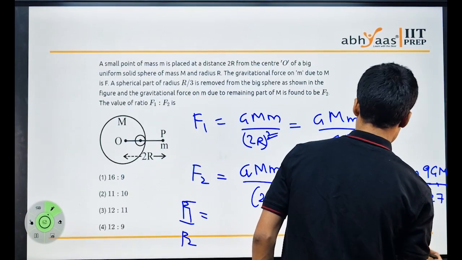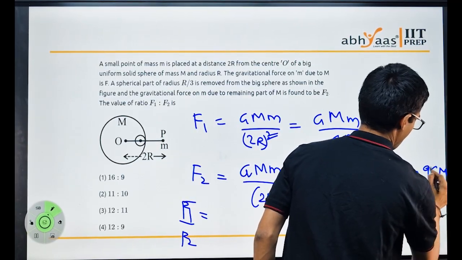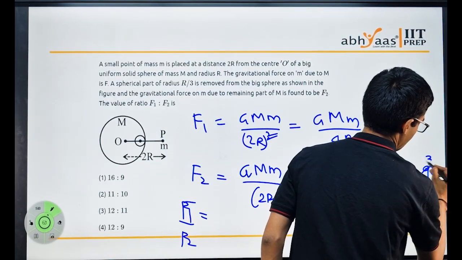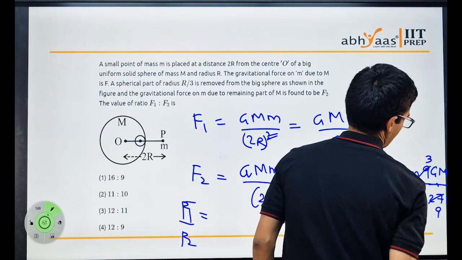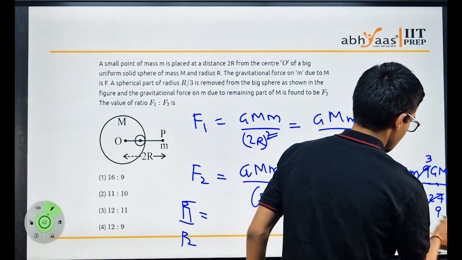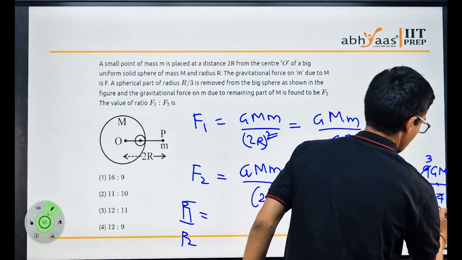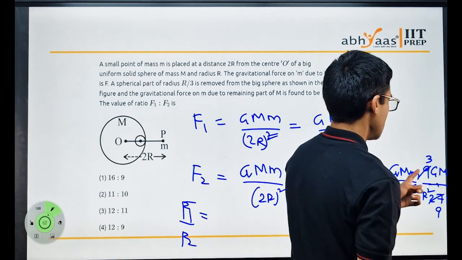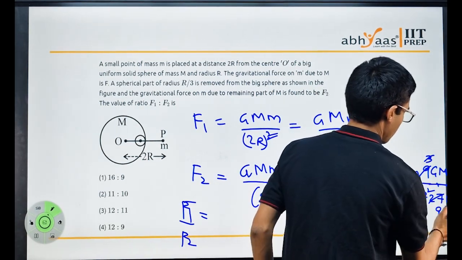On top it will go 9 into 16, something, 3 3 is 9. Okay, so you calculate this one. 4 r square also there, r square.